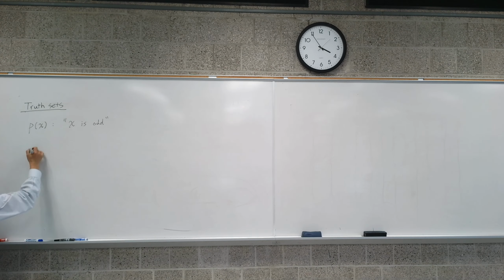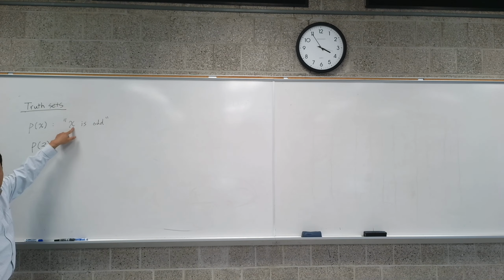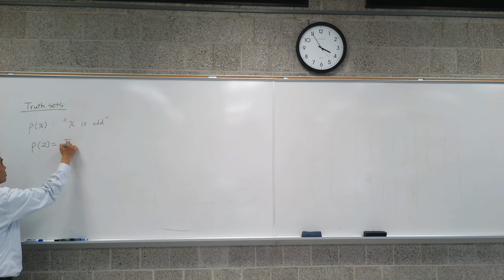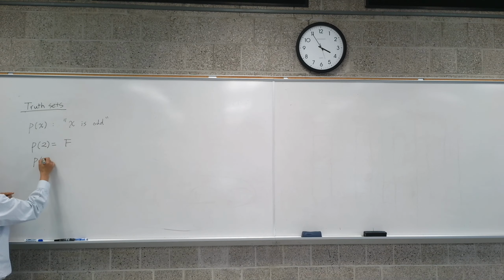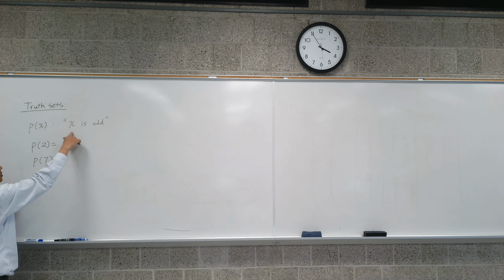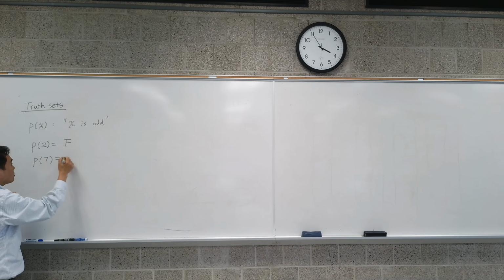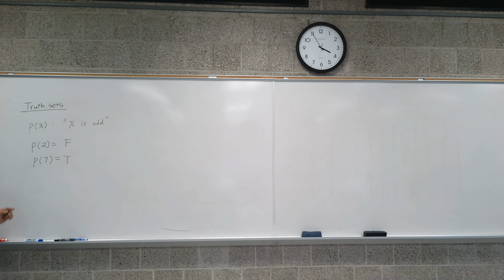So you have P of 2. Is P of 2 true or false? Well, just like how you evaluate a function, you plug in 2, and you have the statement 2 is odd. Is that true or false? Oh, false. How about P of 7? 7 is indeed odd, so this is true, right?